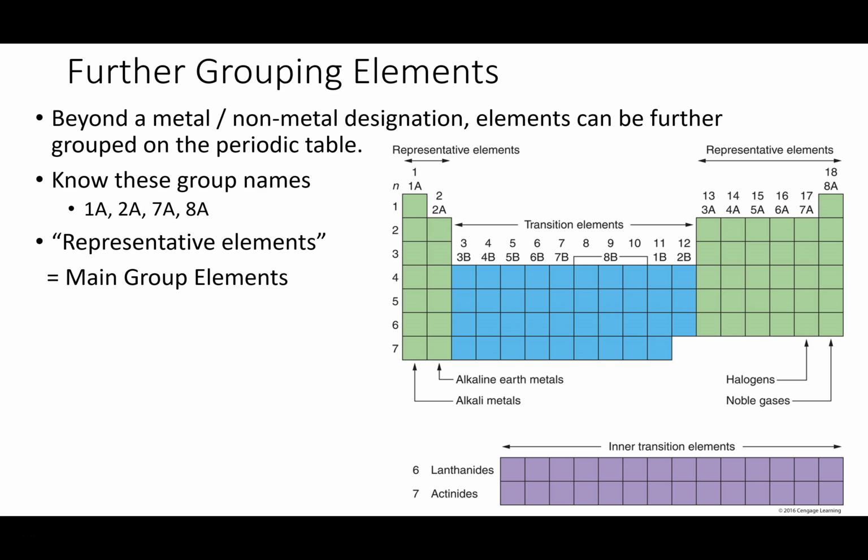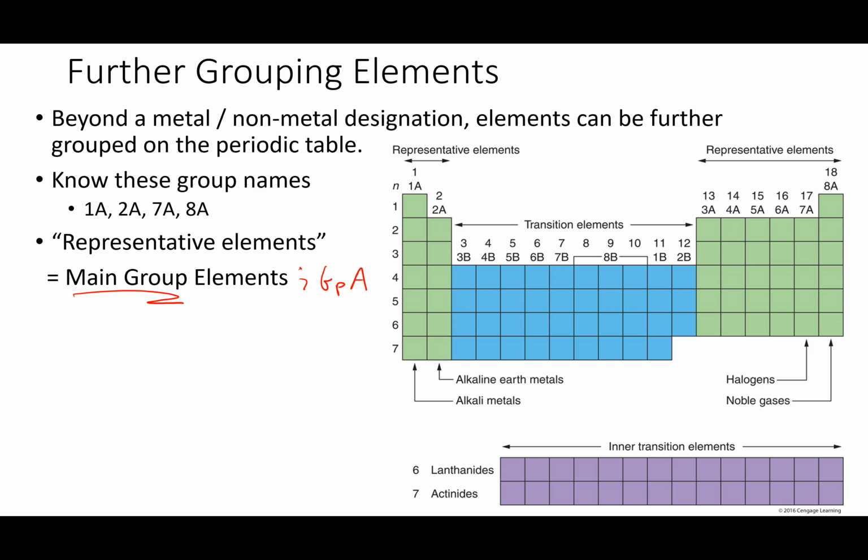So Shipman looks at it a little differently, which is fine. He calls the green ones listed here representative elements. Now, to me, what I call representative elements are the main group elements, sometimes called Group A. Do you see why I would do that? The group A elements. I had you put 1A, 2A, 3A, 4A, 8A. Okay, they're the representative elements.